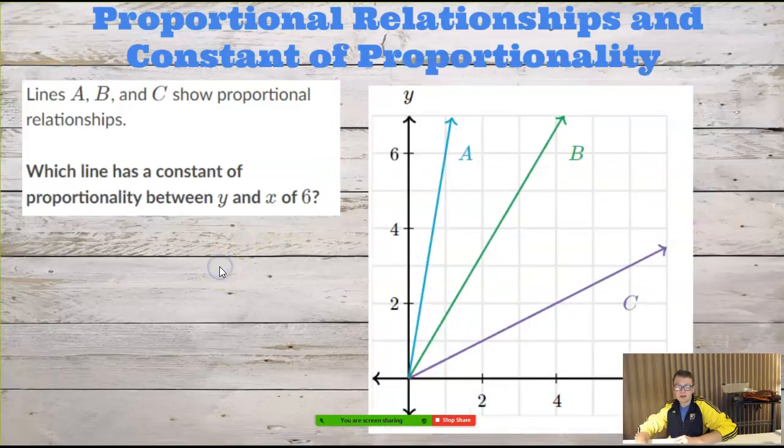So I want you to try this on your own. All that's asking in a fancy way is which line has a slope of 6. So we need 6 over 1. Which line has a slope of 6, or a constant of proportionality of 6?